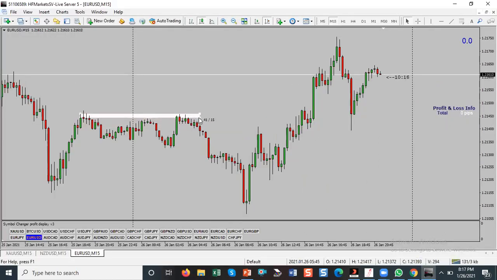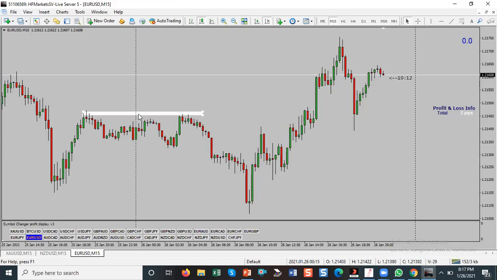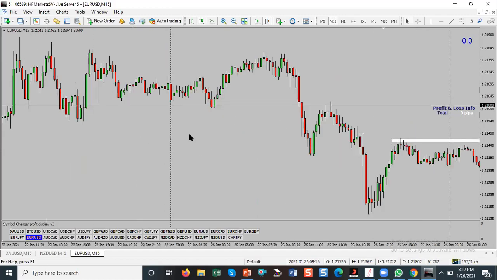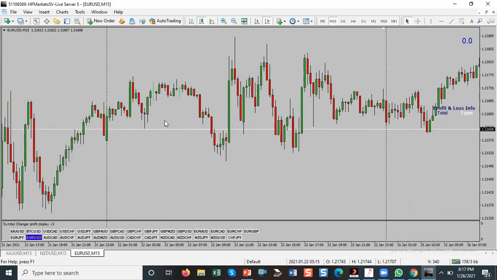Look at this area. So you see, when price gets to this point, it got rejected. As soon as price got to this point, it got rejected. So price could not penetrate through this area. This area is what we are referring to as a resistance. This place is resistance. Then look at here too.